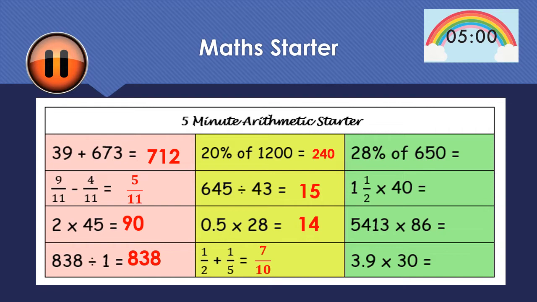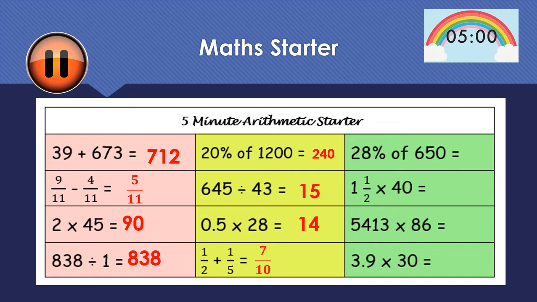645 divided by 43, you would have used the bus stop method, the long division method to help you there. 0.5 times 28, well that's the same as doing half of 28. So 0.5 times 28 equals 14. 1/2 plus 1/5: we have to make sure the denominator is the same. We know that 2 times 5 equals 10, so now we have the same denominator.